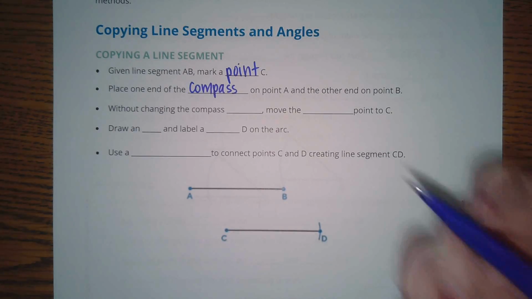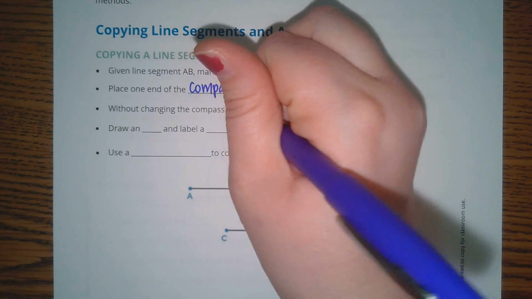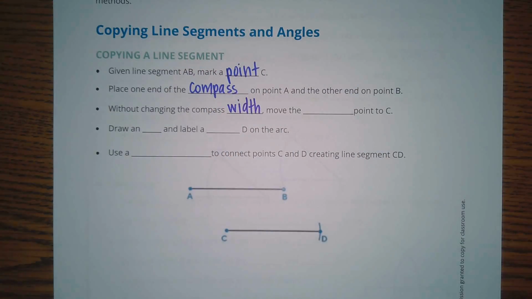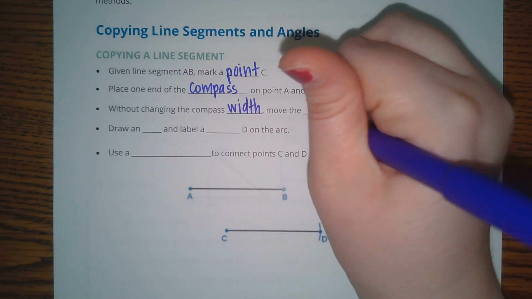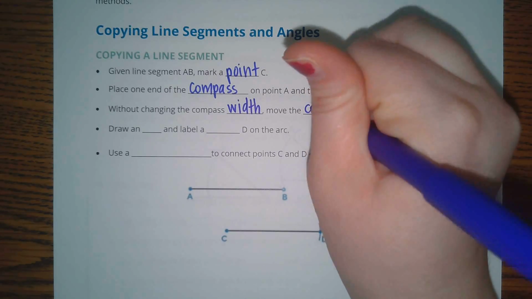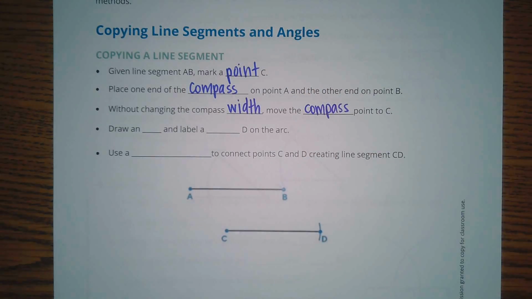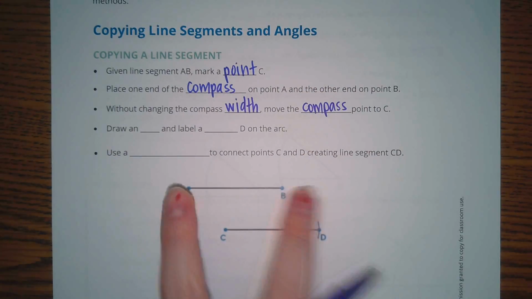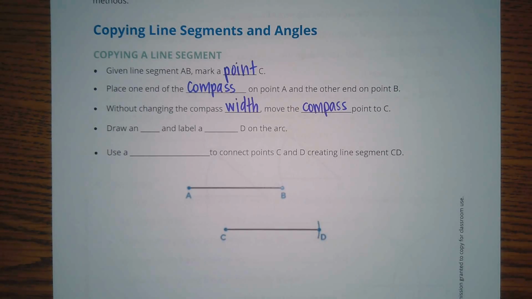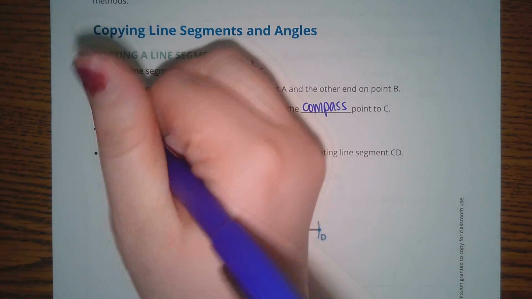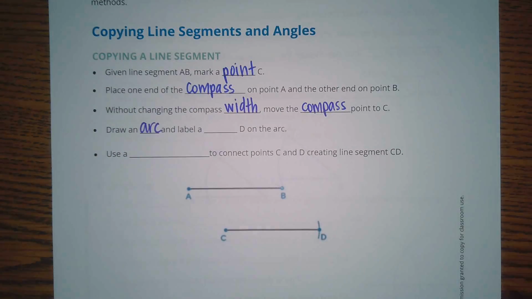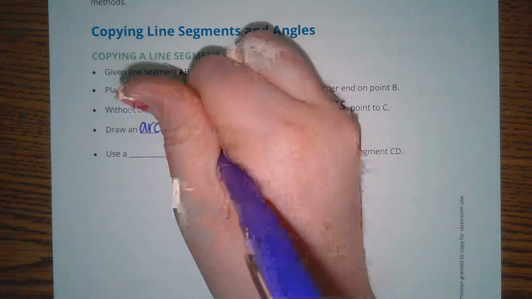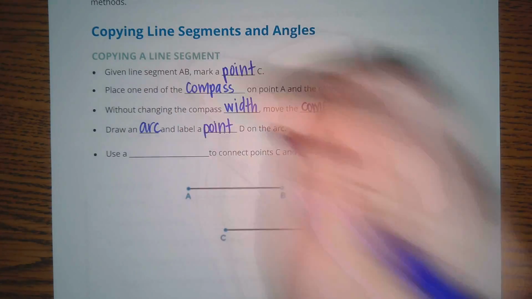Now, without changing the compass width, we're going to move the compass to point C. So we want to see this exact distance, and then we're going to move it over to here. Now we draw an arc, which is that curved line that you see here, and we label a point D on the arc.